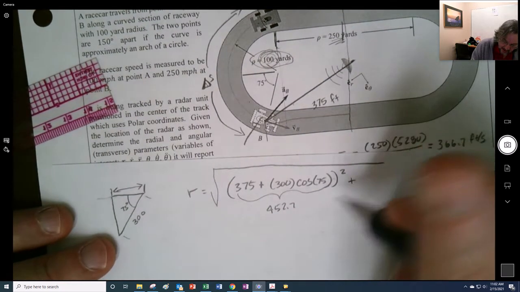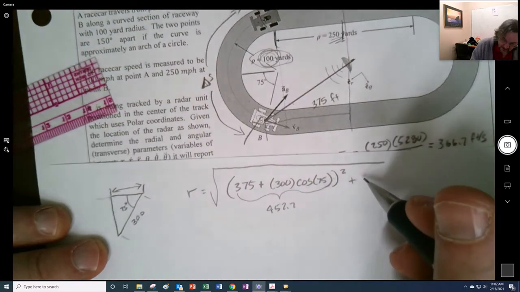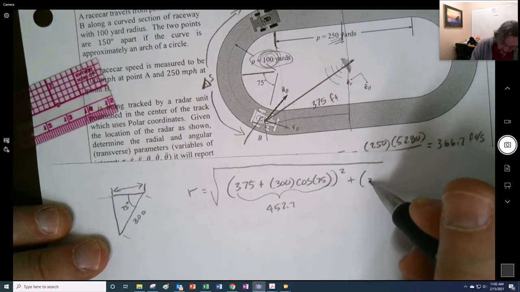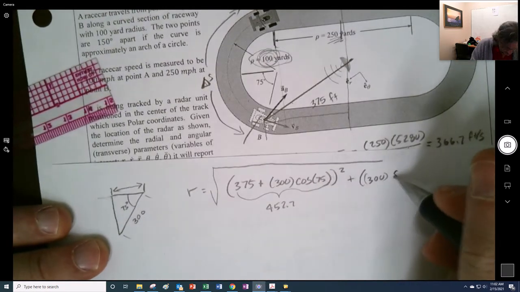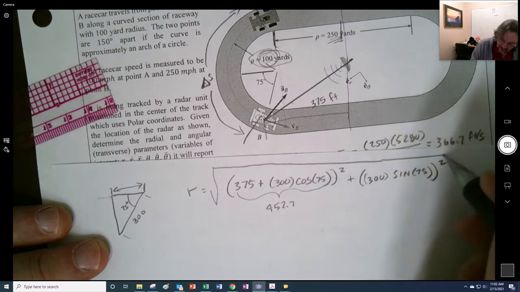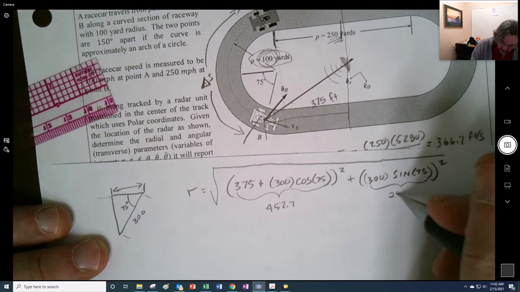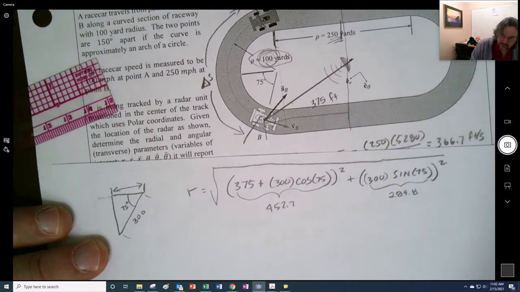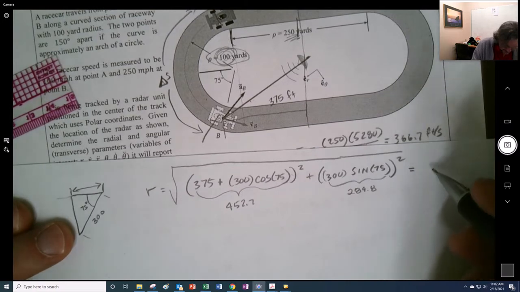And then the vertical one is going to be 300 times the sine of 75, squared, which gives 289.8.